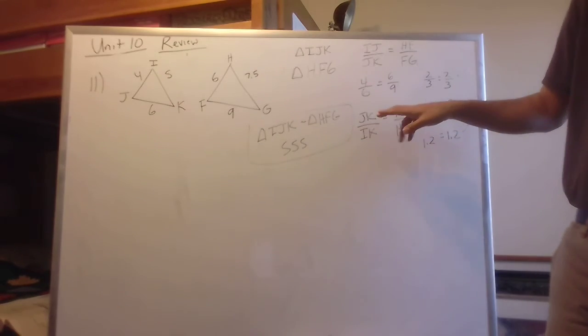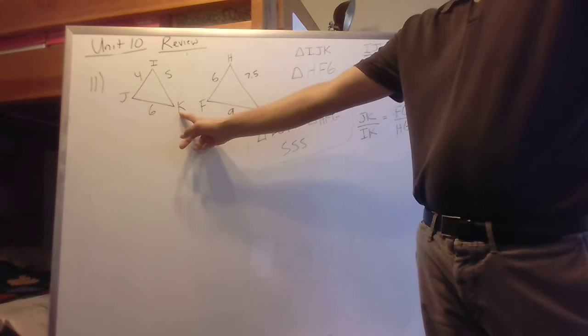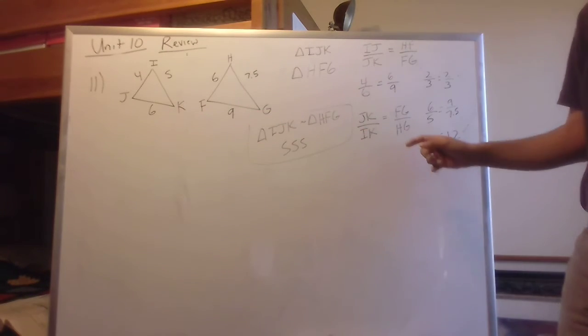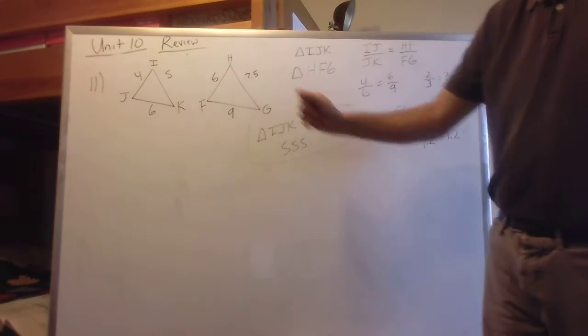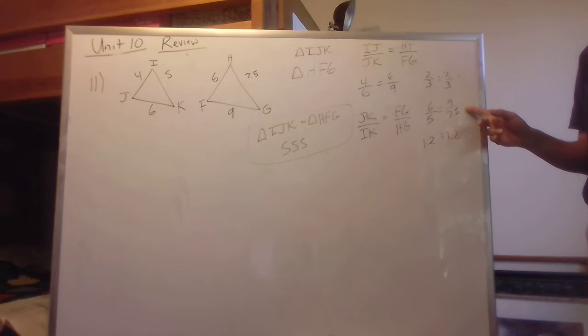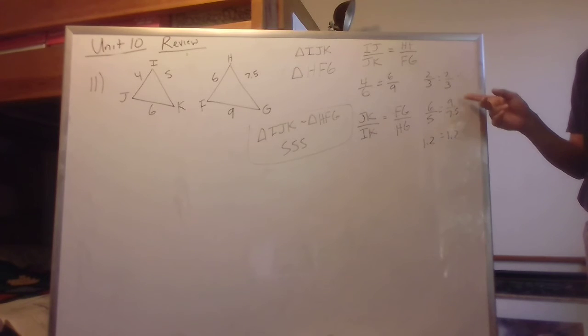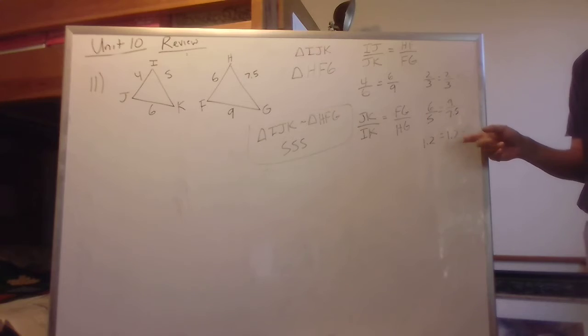We have to now look at this side is similar to this side, and this side similar to that side. So we're going to set it up as is JK over IK similar to FG over HG. So we have 6 over 5 and 9 over 7.5. When we do the math, 6 divided by 5 is 1.2. 9 divided by 7.5 is 1.2.